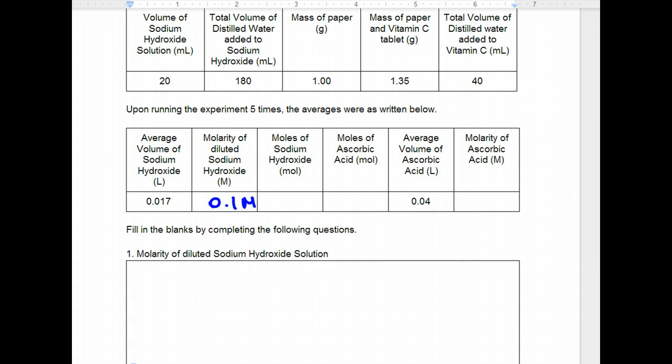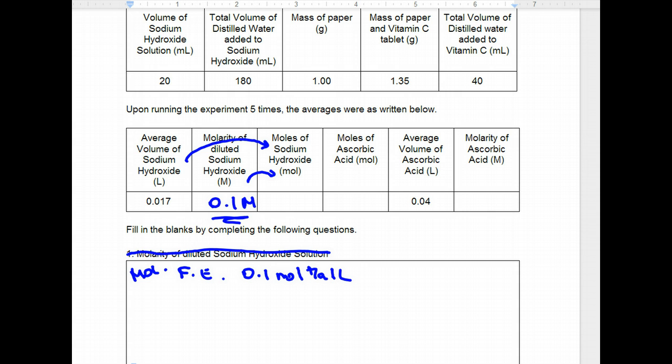For the next box, the moles of sodium hydroxide, what we're really saying is using the answer that we got in the previous one and the amount of sodium hydroxide that we're using on average. What is the amount of moles of sodium hydroxide that we're ending up with on average? So using the for every statements again, for every 0.1 mole, there are 1 liter. This is using this number over here, and that's our molarity for every statement.